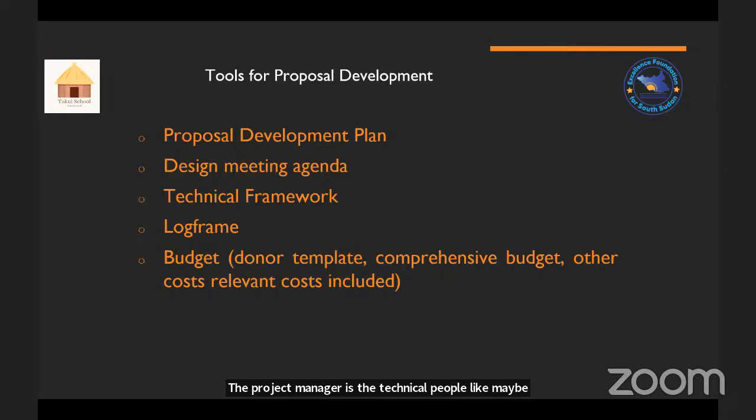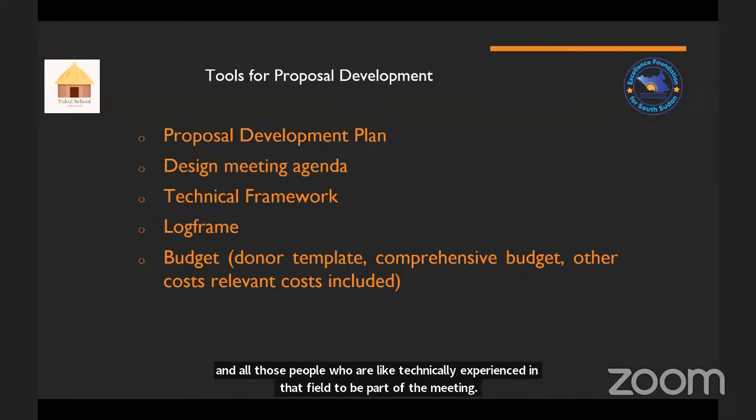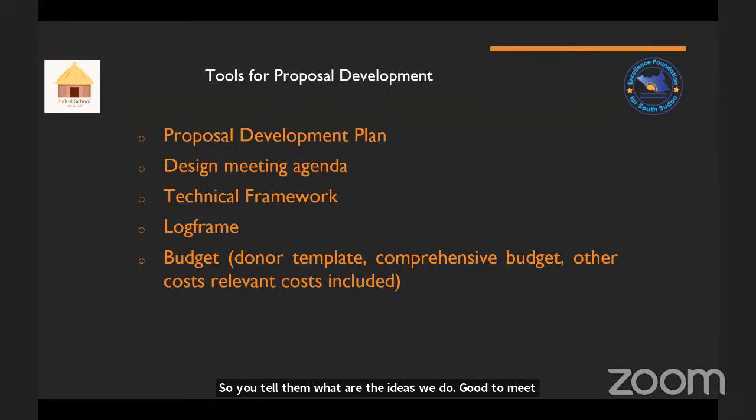If it is a protection project, maybe you have your child protection people, and all those who are technically experienced in that field to be part of the meeting. So you tell them what ideas we have to meet these objectives, say activities, and then what approaches, where shall we go, how much are we going to ask for, how much creativity can we allow into this, you know? So all these people guide you.